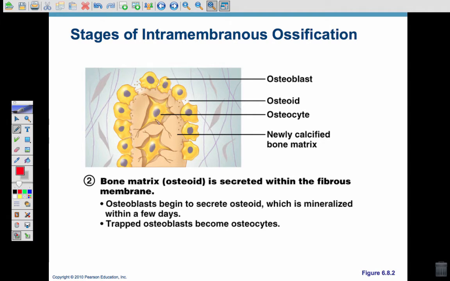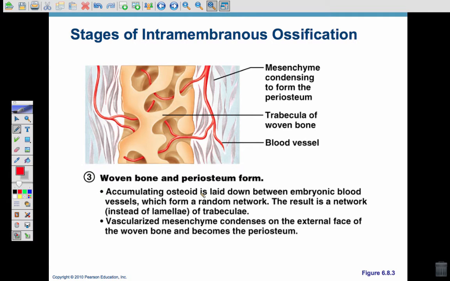And so here you have the osteoids. They begin to be trapped in the part of the matrix that now becomes ossified or calcified. And then eventually you have the accumulation of osteoid that's laid down around blood vessels and embryonic blood vessels.